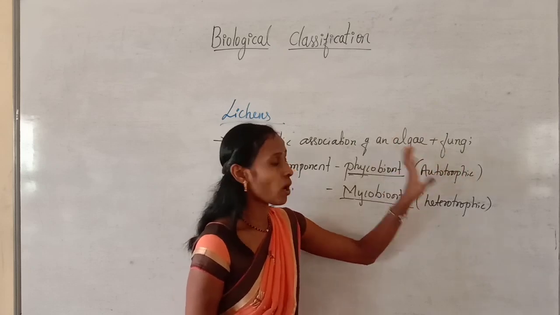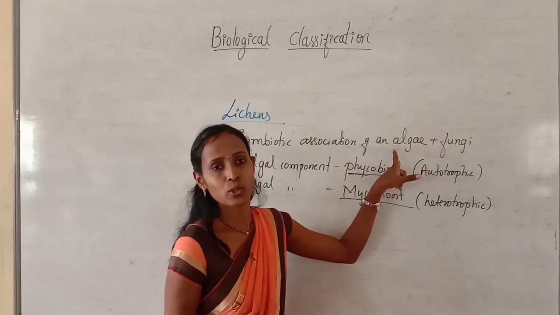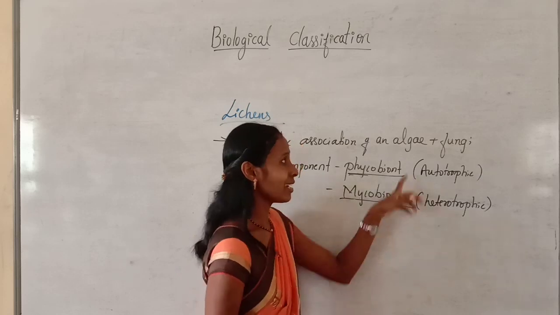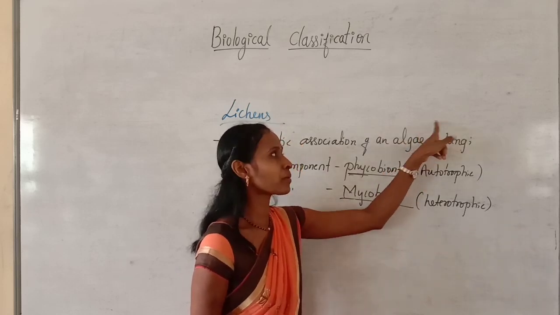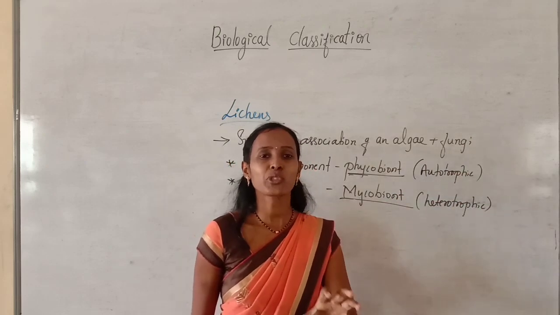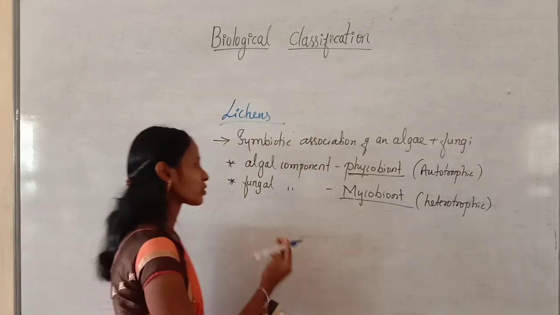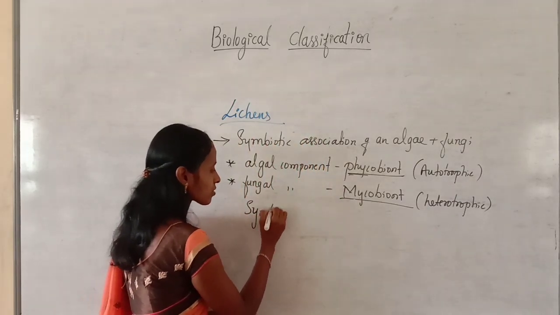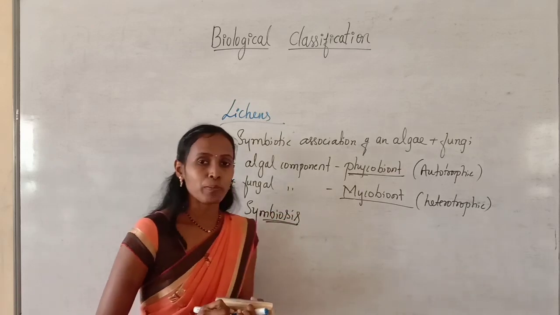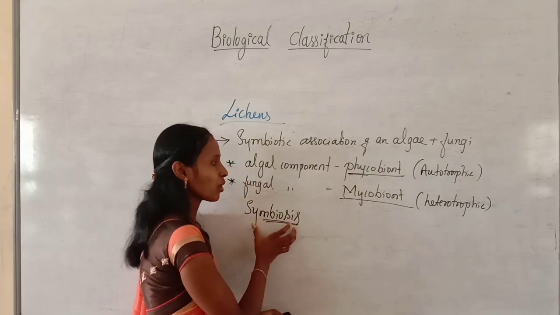Those water and nutrients will be absorbed by fungi and provided to algae. With the help of water, nutrients and sunlight, algae will prepare the food and that will be provided to fungi. So here both are getting benefit. This type of mutual association or relationship is called symbiosis. So the mutual association between two organisms is called symbiosis.